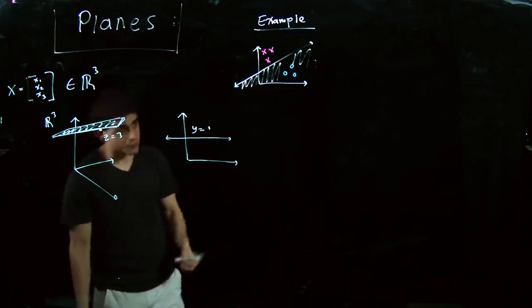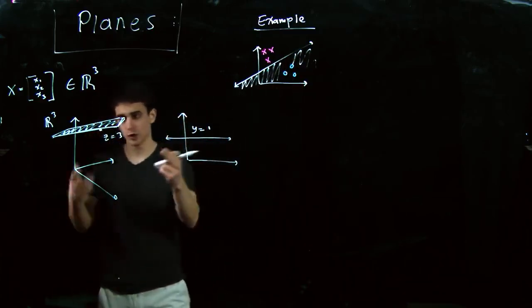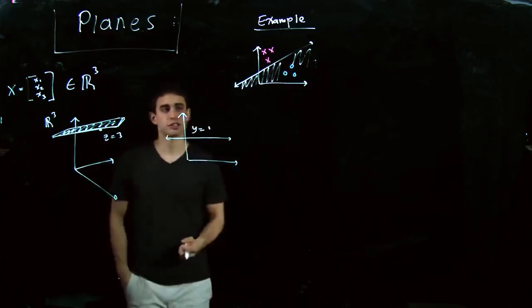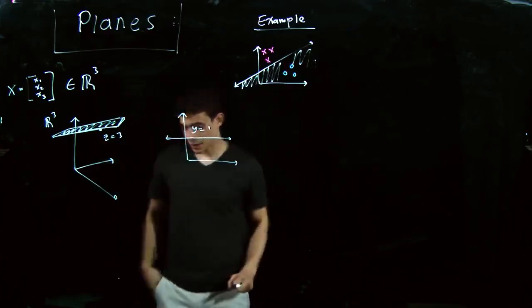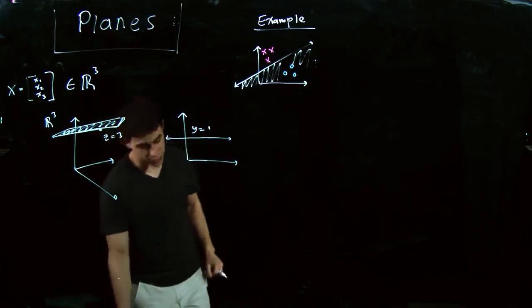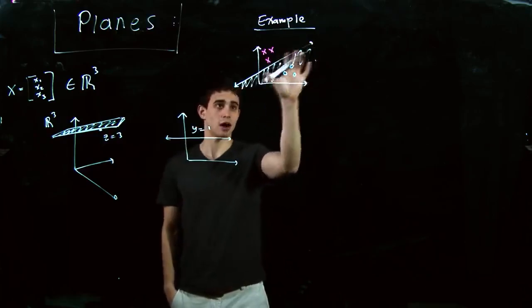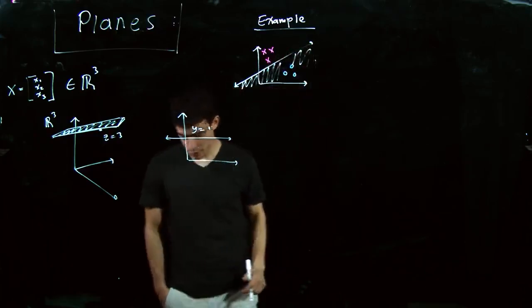So how do we define this line? Here we just wrote this out as z equals 3 and y equals 1, but there's actually a particular definition you can use to define what a plane is. Particularly, you want to define a linear relationship between the dimensions that is satisfied by all of the points on this surface.